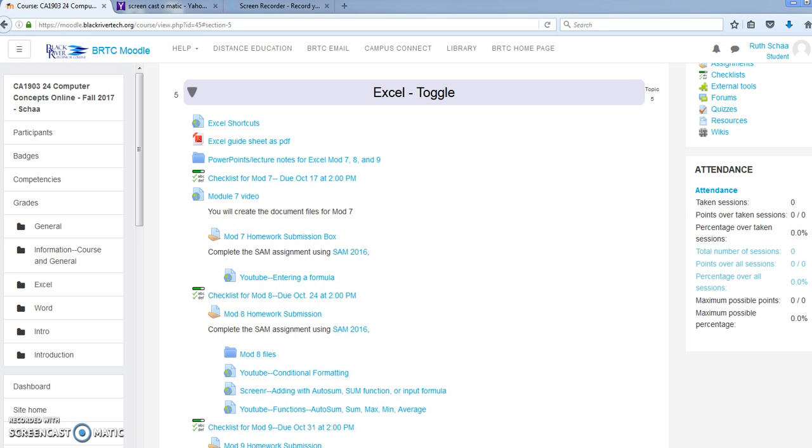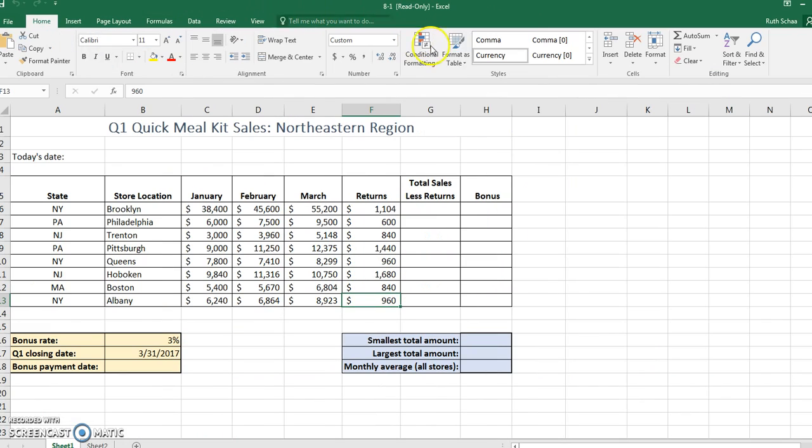I will now bring over Excel. This is your Excel worksheet, and it's read-only, so I will have to do File, Save As.